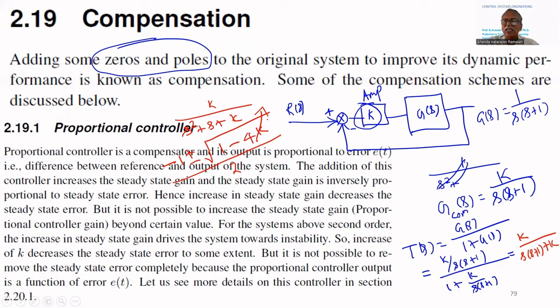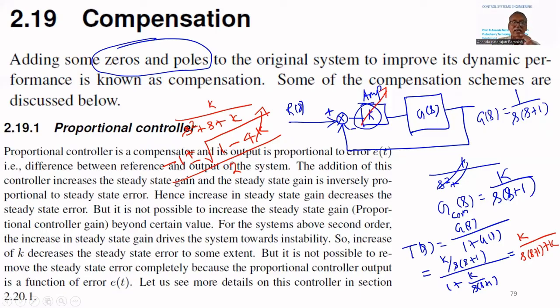So actually you are increasing the amplifier gain, but the pole is moving. Sometimes it may go to the right hand side also. Suppose you added one K that moves the pole to the right hand side, it means the system becomes unstable.